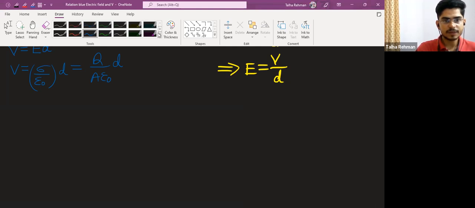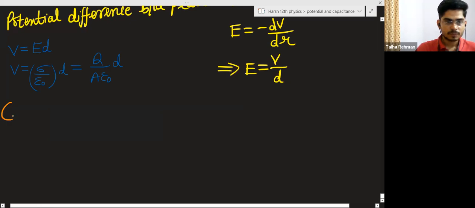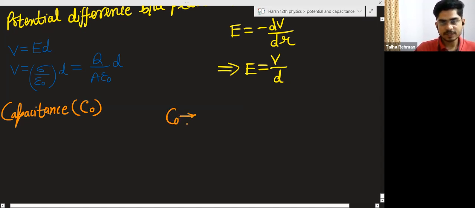So now if I want to calculate the capacitance of the parallel plate capacitor, I am representing this with C naught, because naught means capacitance in air, when air is filled between the plates. So C naught is equal to Q by V, charge upon potential.